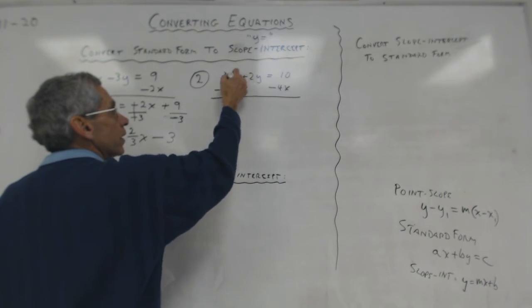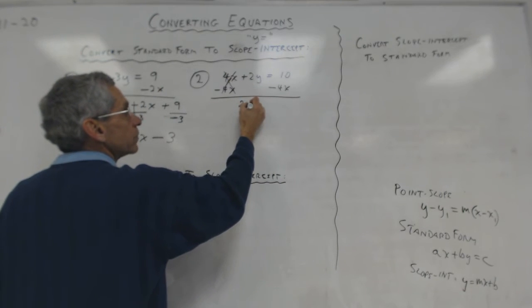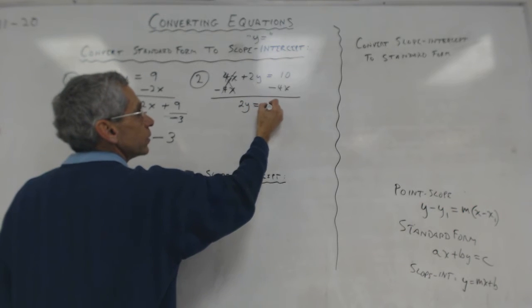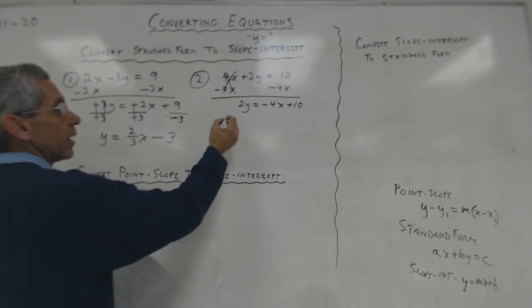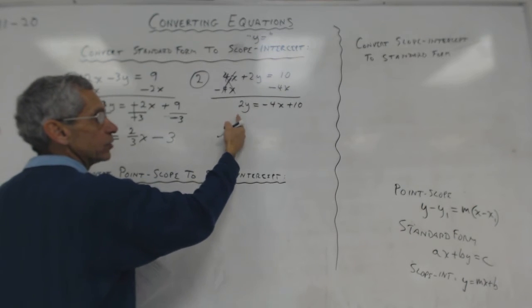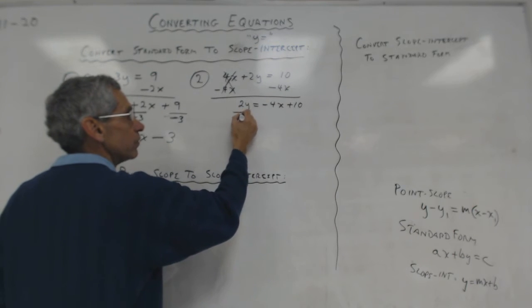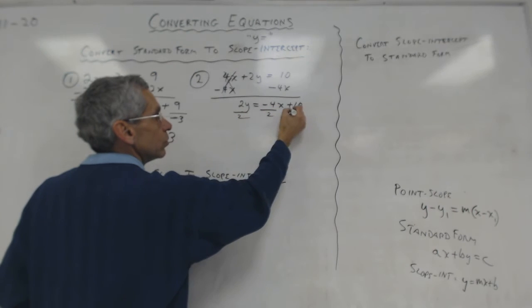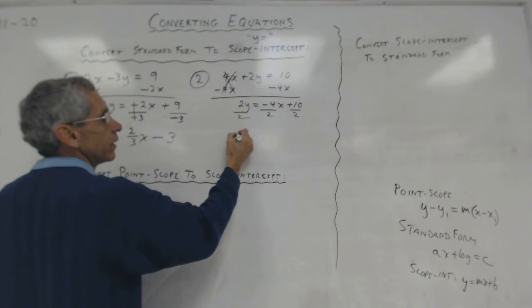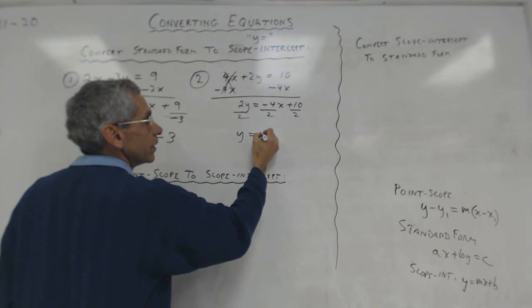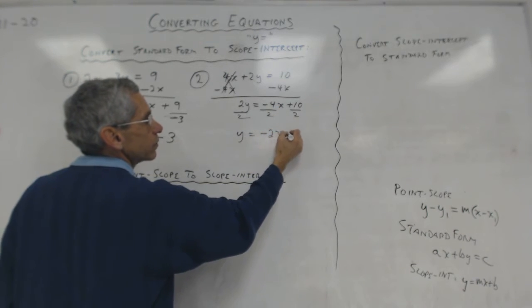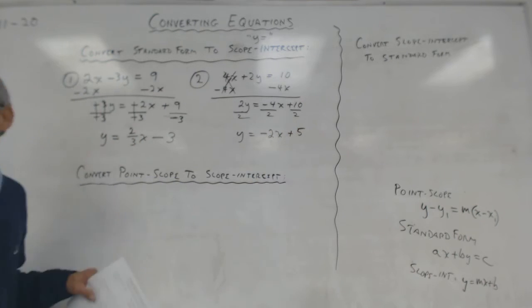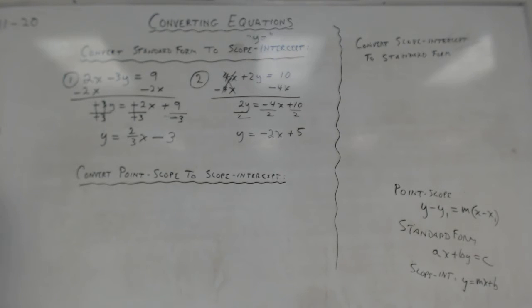These cross out, then I have 2y equal to negative 4x plus 10. And then I want that 2 out of the way to turn it into slope-intercept, so I'm going to divide everything by 2. That gives me y is equal to negative 4 divided by 2 is negative 2, x plus 5. Make sense? Do you guys understand it?